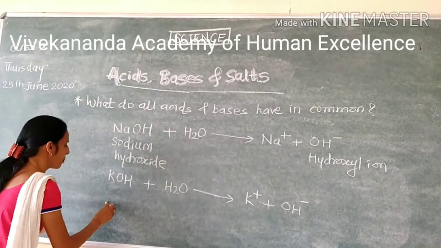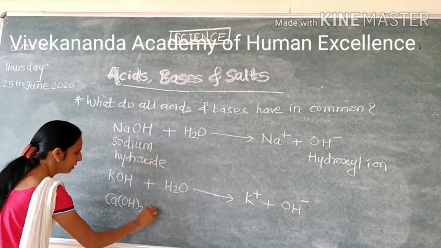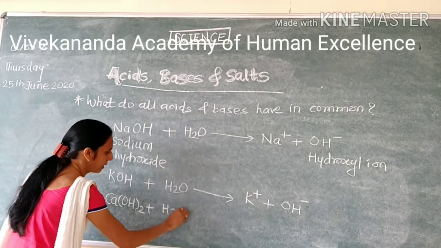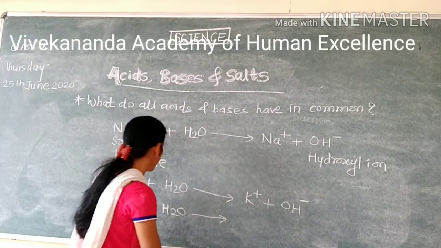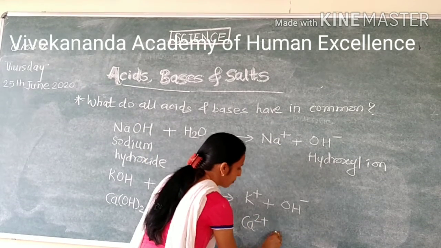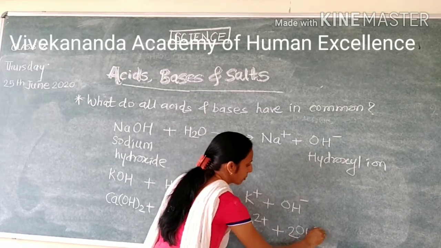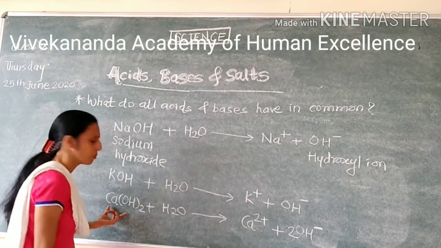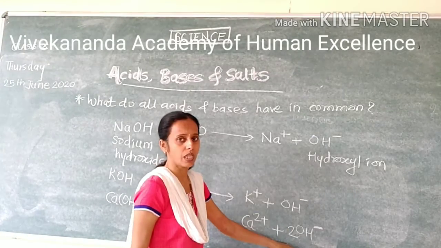If we take the example of lime water, that is calcium hydroxide, when it is diluted with the water, that is when we are forming its aqueous solution, then we get Ca2 plus, that is dipositive ion, and there are 2 OH minus ions. Because we have written the formula as Ca(OH)2, it gives 2 hydroxyl ions.